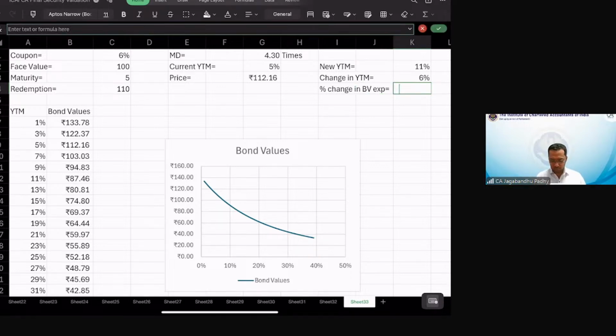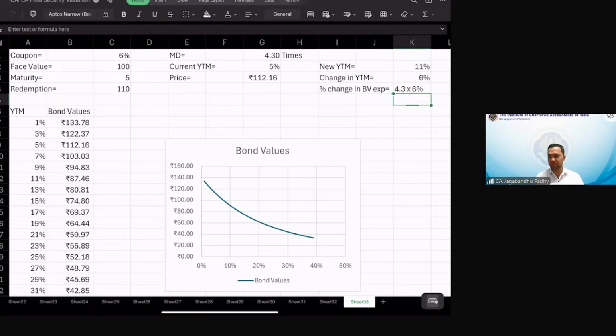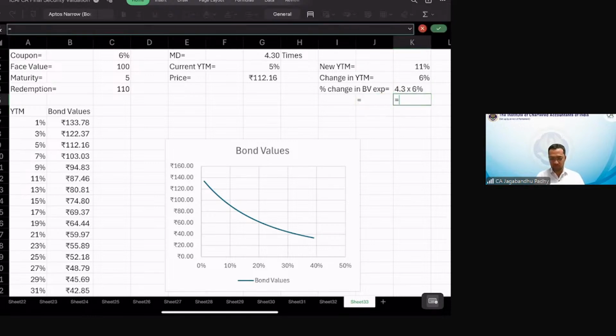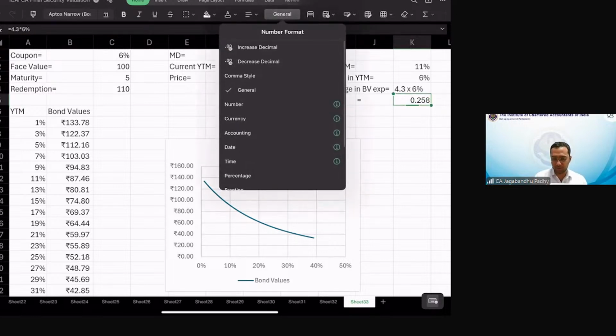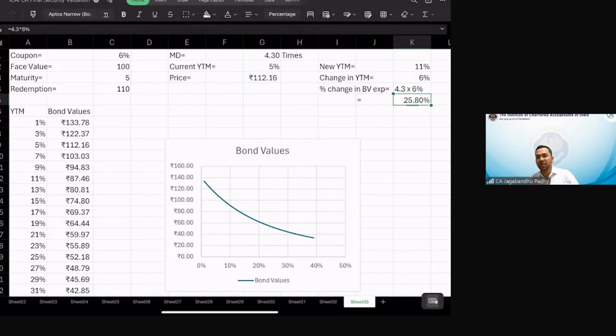Can I say it will be 4.3 multiplied by 6%? So we are expecting a percentage change to be 25.8%. Right? Because originally it was YTM of 5% with a modified duration of 4.3.